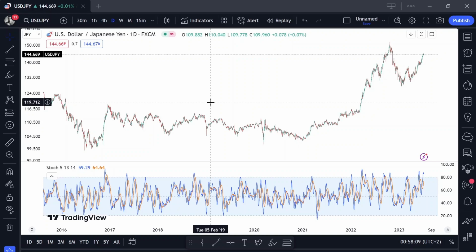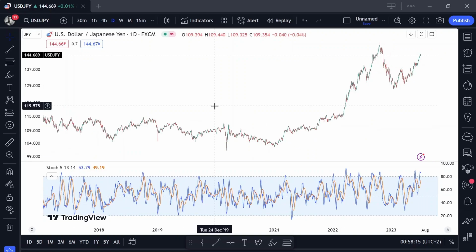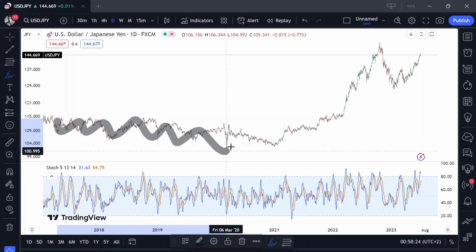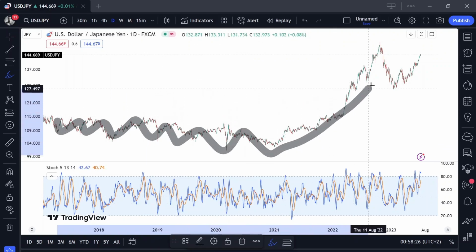It wasn't bullish or bearish. But if you zoom in right now, you can see that USDJPY was consolidating on daily, then it went up, then it was bullish.